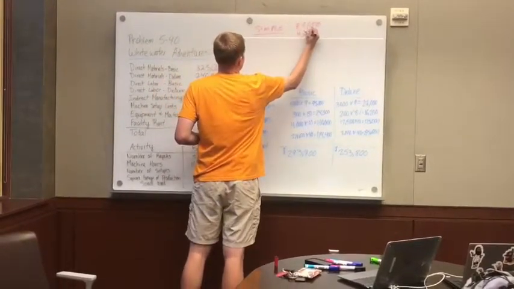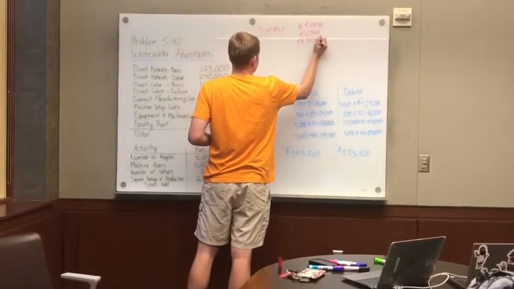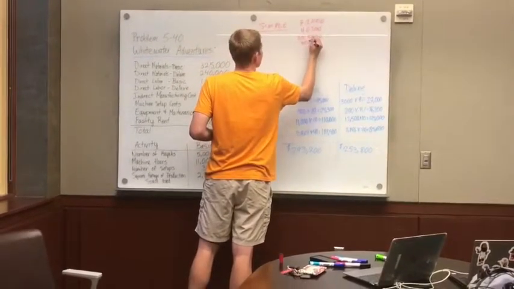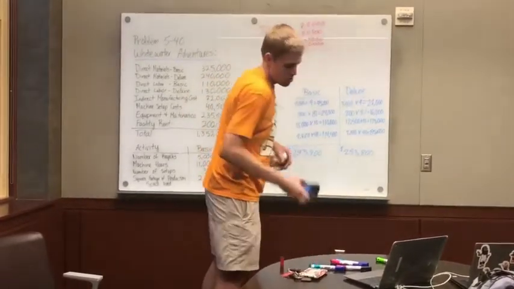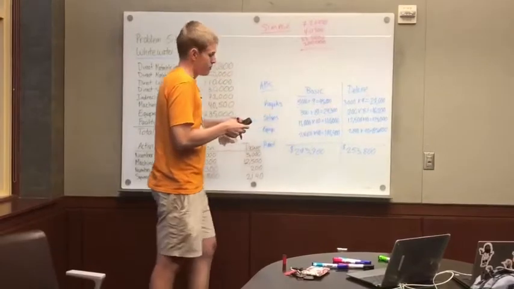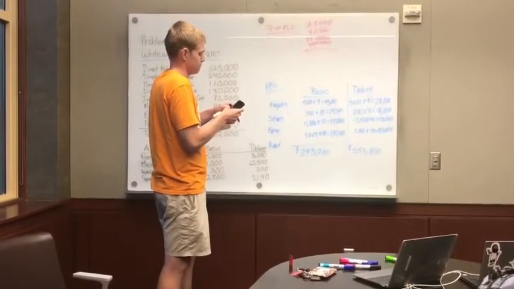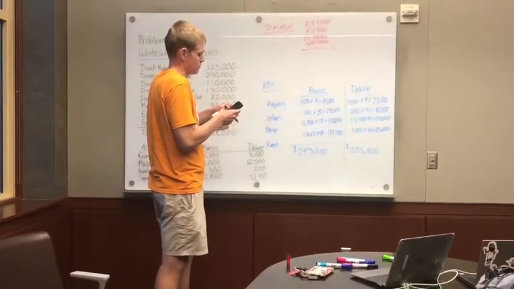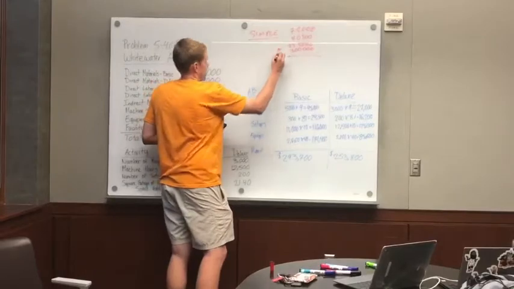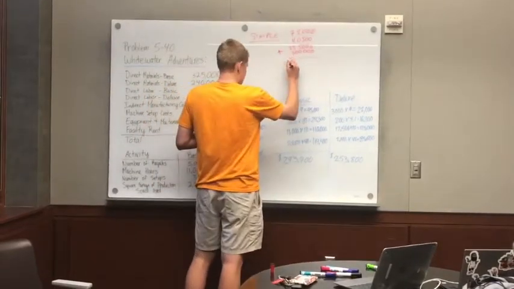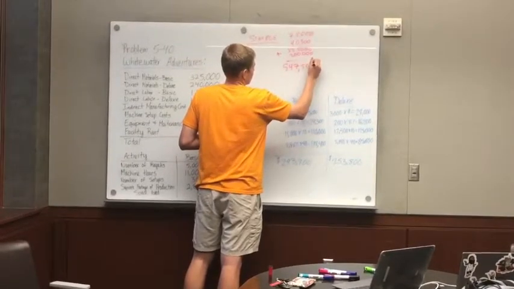So if we take all of our overhead costs that we used previously, adding all those together, you get 547,500.